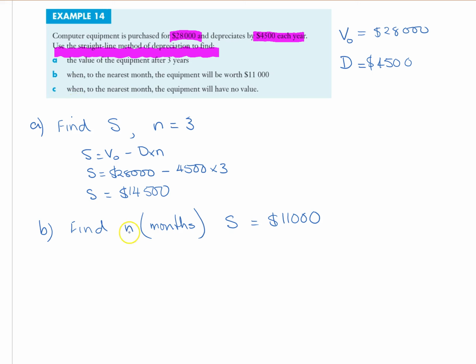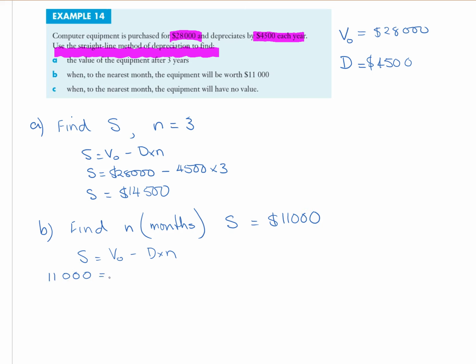In part B, you're asked to find when. So find n to the nearest month, and I've actually noted that the equipment will be worth $11,000. Well, remember the term given to what an item is worth at any particular time is its salvage value, S. So I'm going to write up the formula. S is V0 minus D times N. We know S, so into this space goes $11,000.